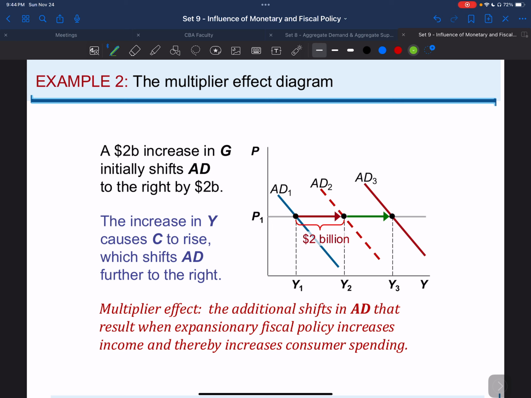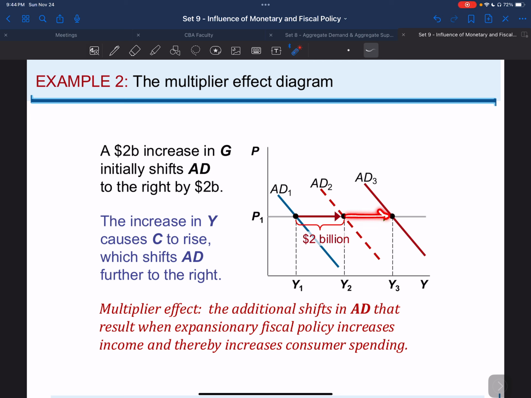Okay, so a $2 billion increase in the government expenditures will initially shift the aggregate demand to the right by $2 billion. It will shift exactly equal to $2 billion. But then this $2 billion is paid as the income and salary and the dividend to the people, and they are going to either spend it as the consumption or save it. The part that goes as consumption is again shifting the aggregate demand.